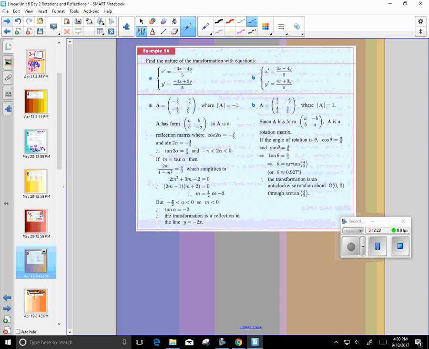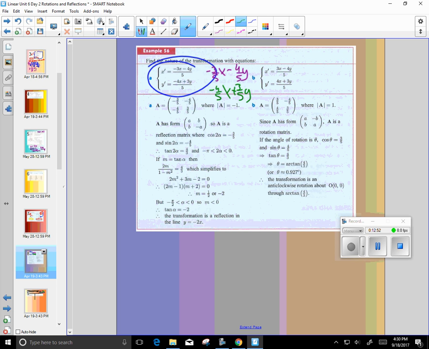That's kind of nice to see an example. For these transformations, all you have to do is take these, negative 3/5 x minus 4/5 y, negative 4/5 x plus 3/5 y.